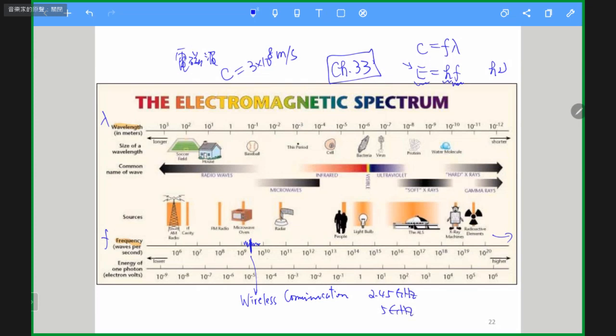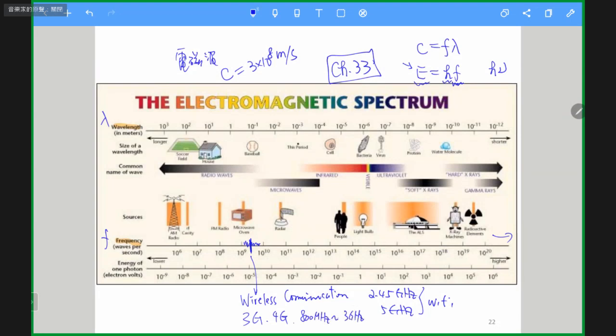And for 3G, 4G, or even 5G, they will use frequencies from around 800 megahertz up to 3 gigahertz.